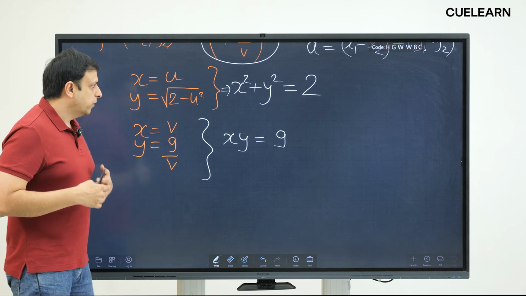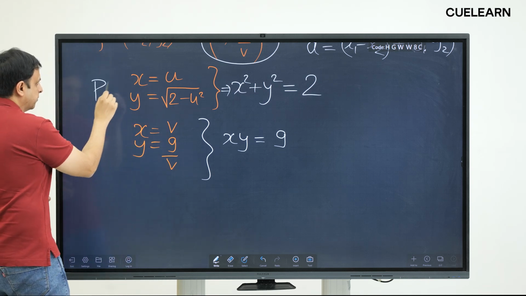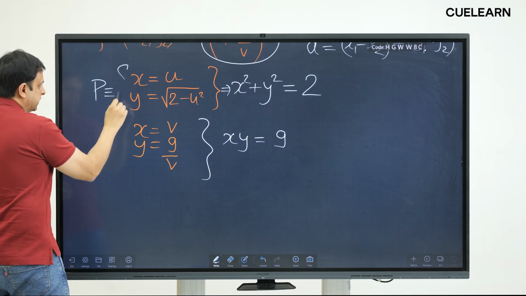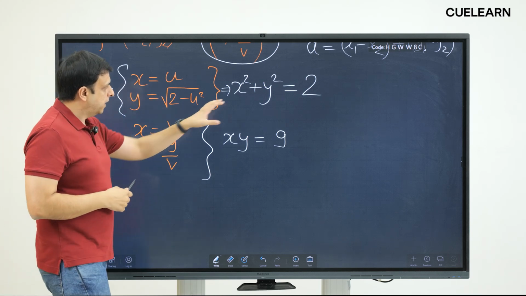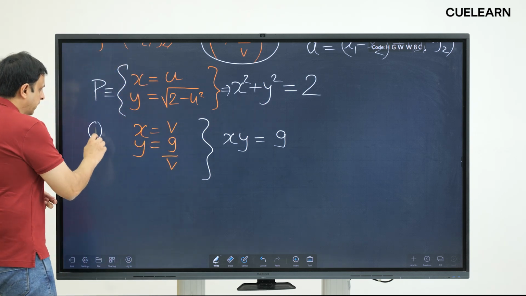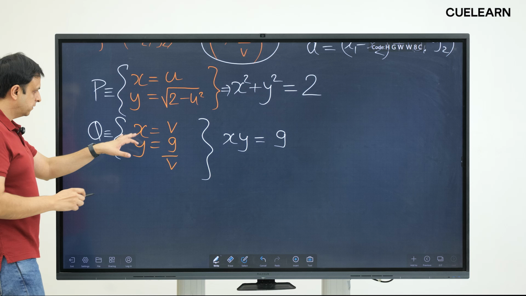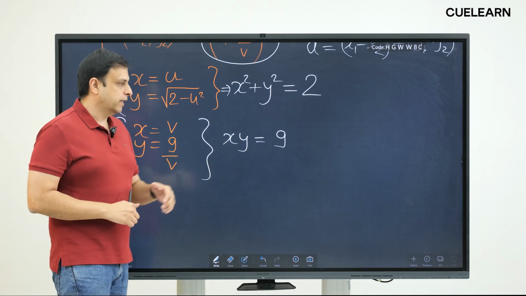So, that's it. We are done with the heavy lifting of the problem. We have realized that the first point P with these coordinates x equal to u and y equal to root of 2 minus u square lies on a circle centered at the origin, radius of root 2, and the second point Q, which has these x and y coordinates, lies on a hyperbola that is xy equal to 9.